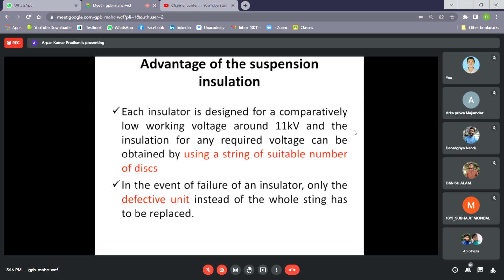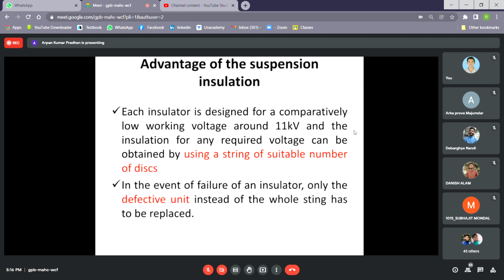So you don't need to manufacture 2 different insulators. You just can put some spare units. Okay, and based on your voltage requirement, you can add these insulators in series so that it can withstand that much voltage. So this is one advantage.